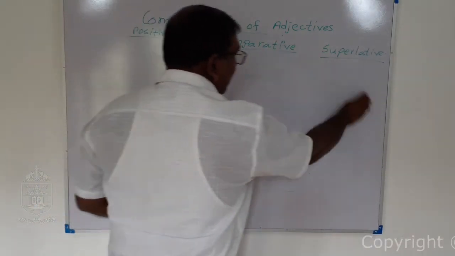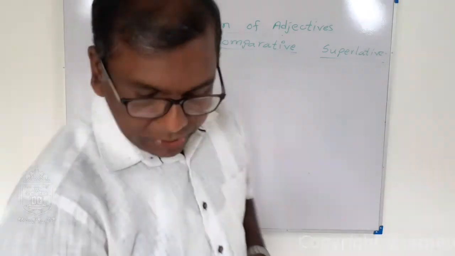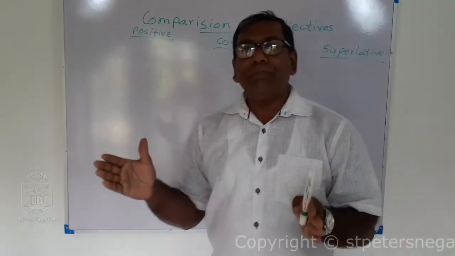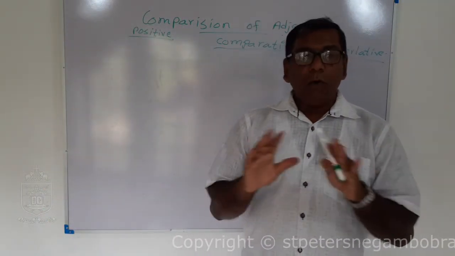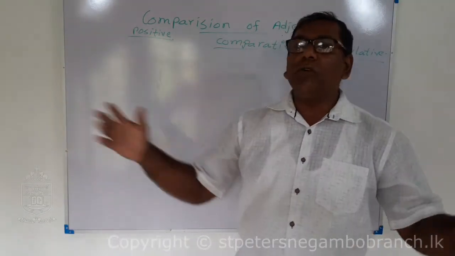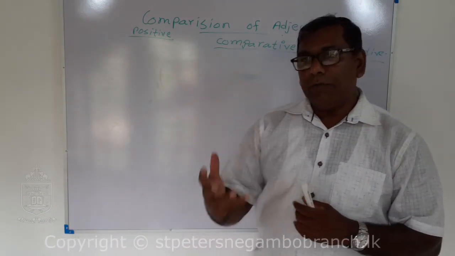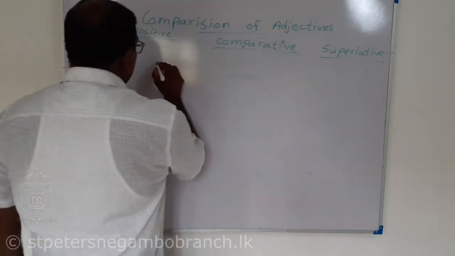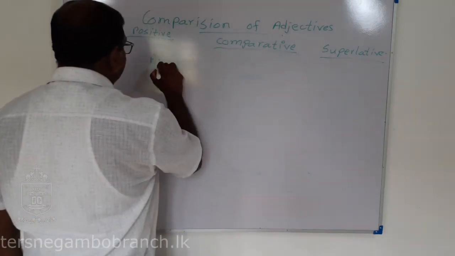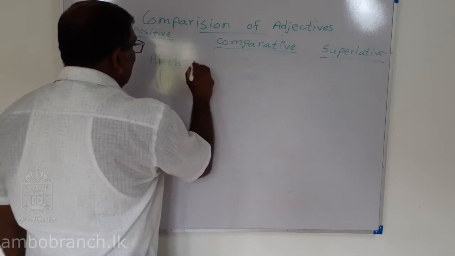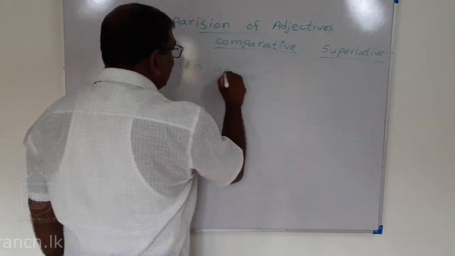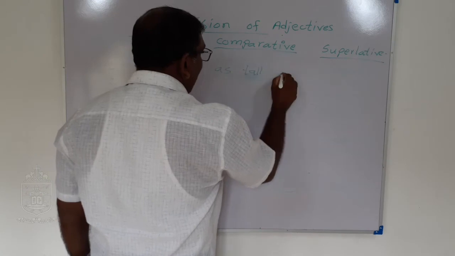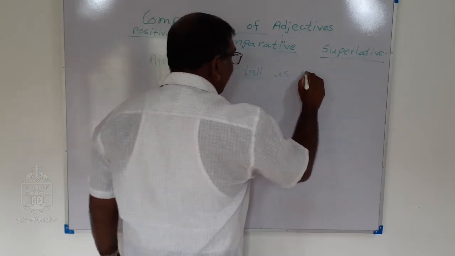Now if we want to say two people or two things are equal in size or anything, now see, we say Ajit is as tall as Nimal.